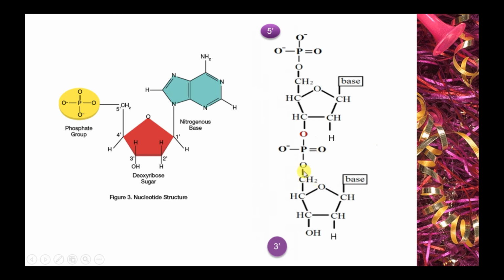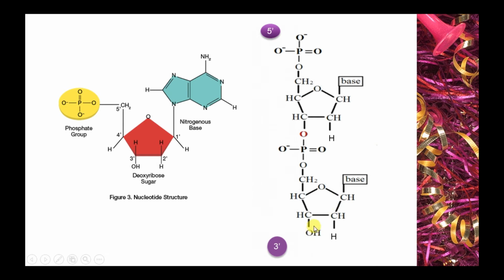Here we have two nucleotides. This is the first nucleotide and this is the second nucleotide. I have shown how these nucleotides are connected to each other so that they form a chain. Here you can see the phosphate group attached to carbon number 5 of this nucleotide, and this hydroxyl group is free.